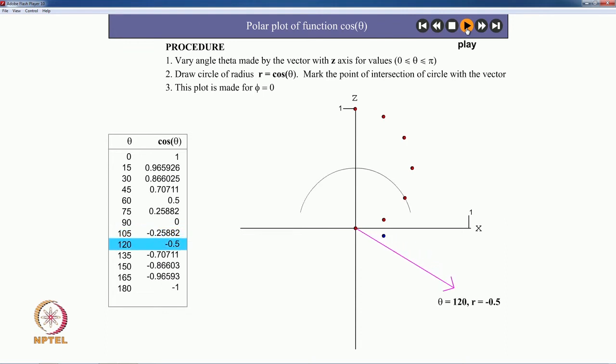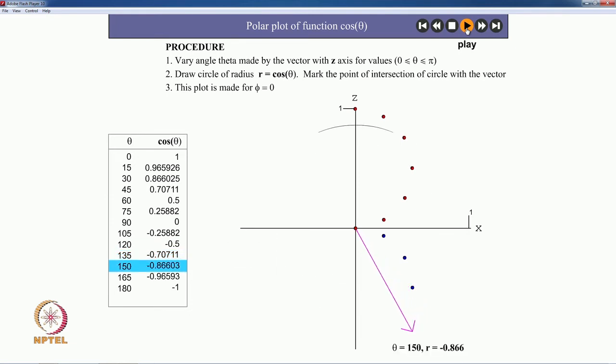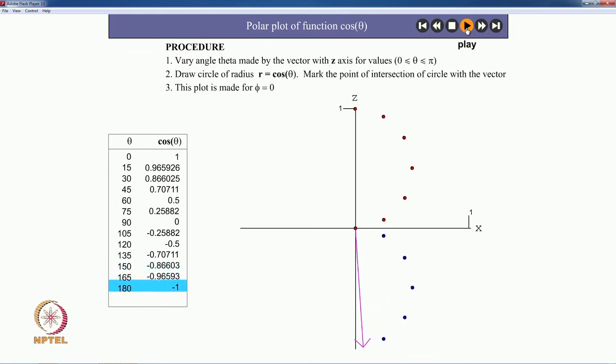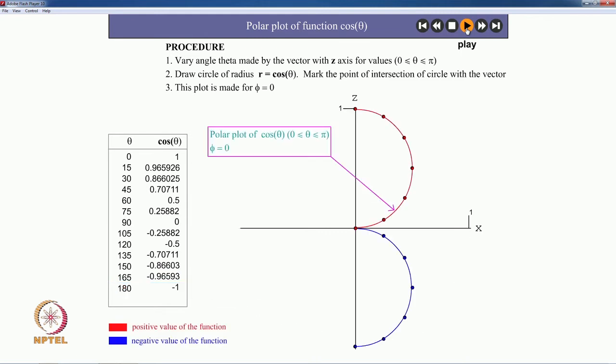This is polar. Once you do it for all values of phi, you will get it for spherical polar. I have given a different color because cos theta is negative for theta greater than 90 degrees, but the values are symmetrical on either side of the x axis. Okay. So, that is the shape of cos theta in a polar coordinate system.